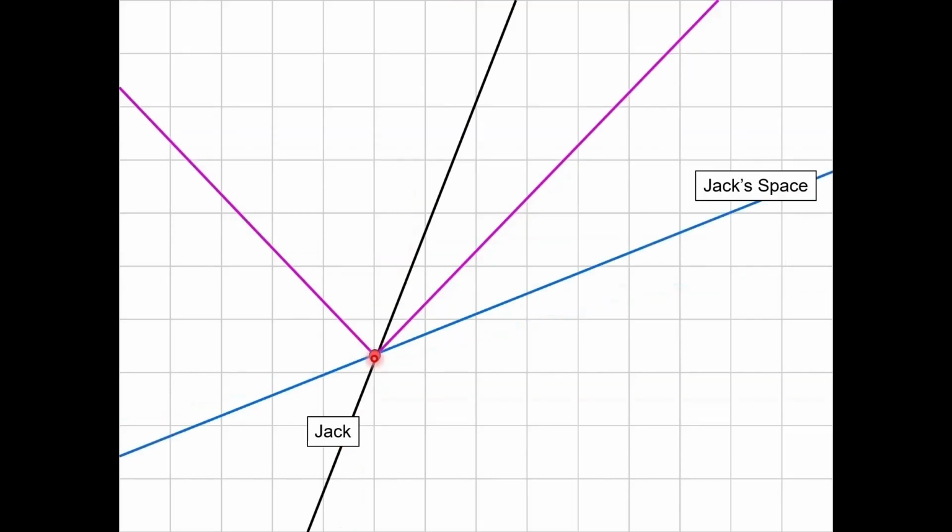So if we look to Jack's time and space, then again the information track splits the angle between them in half. So this angle is equal to this angle, and again splits the angle between Jack's time and Jack's space in half. So this angle is equal to this angle.